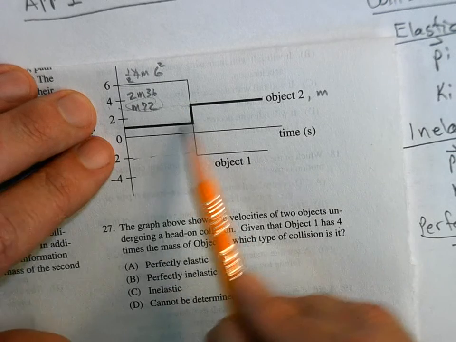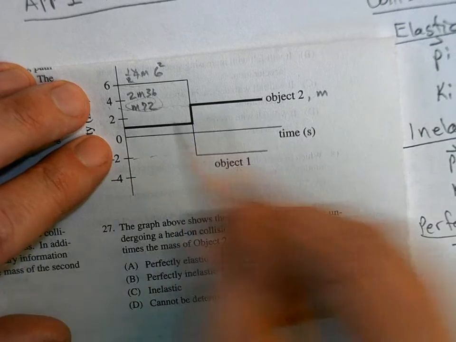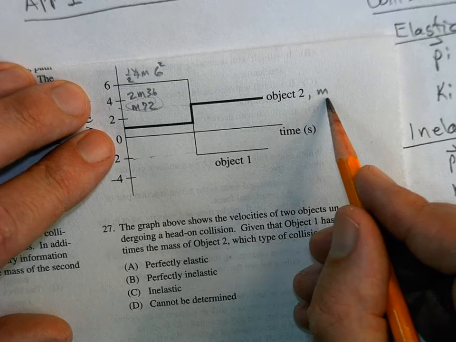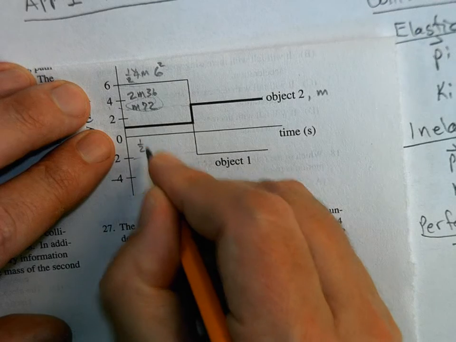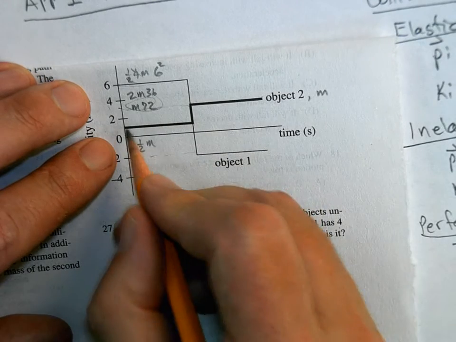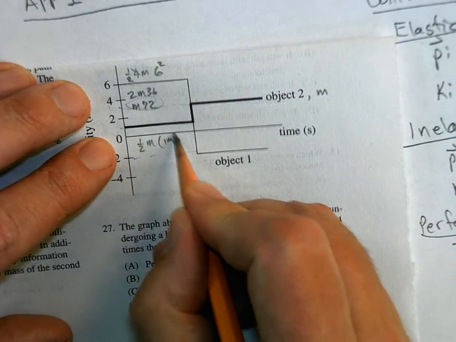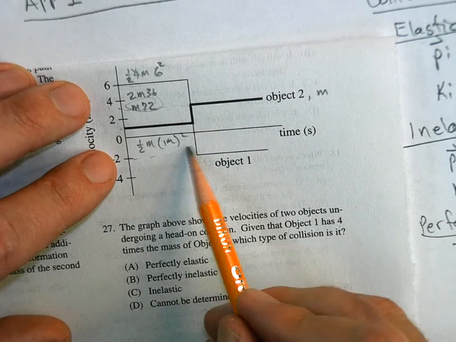What's the kinetic energy of object 2? Well, this one had 4 times the mass, so it just has 1/2 mv squared. What is its velocity? 1 meter per second squared. So this is 1/2 of m.